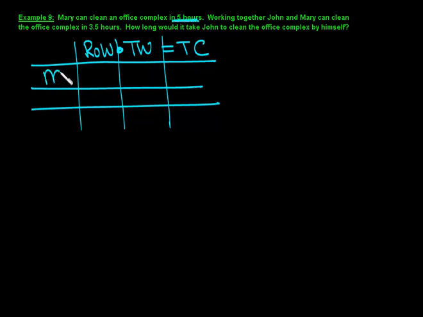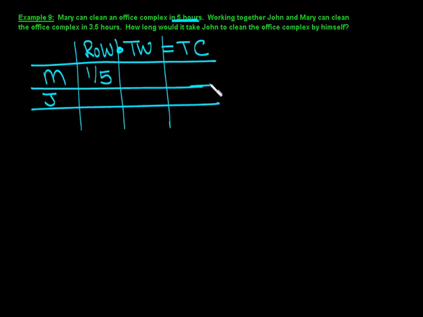So we have Mary. So what is the rate of work if it takes her 5 hours to clean the office? It's 1/5. Okay. Working together with John, so she's going to be working with John. Mary and John can clean the office complex in 3.5 hours. If they work together, it would be done in 3.5 hours. How long would it take John to clean the office complex by himself?